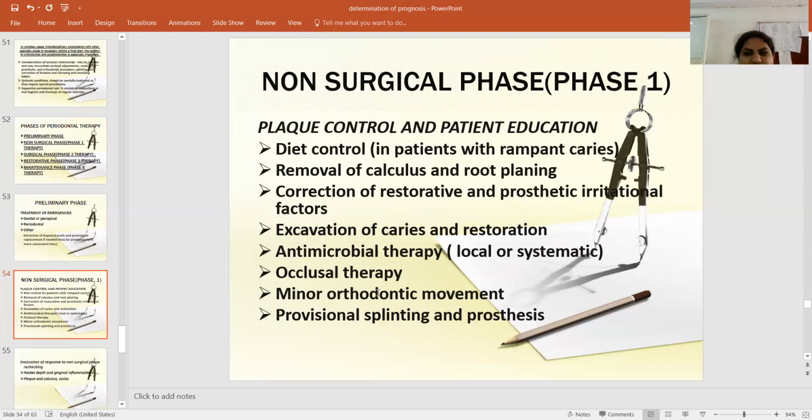Now the non-surgical phase, phase one, which is also called the etiologic phase, non-surgical phase, or hygienic phase.